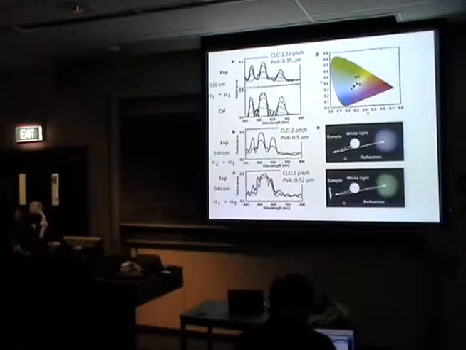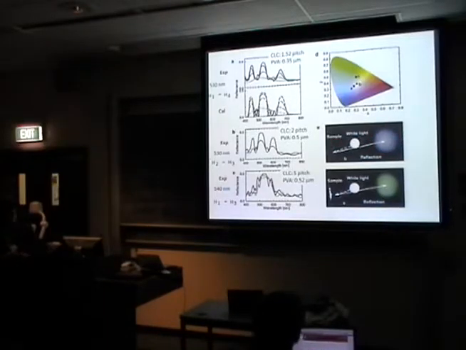So in this case, for instance, the reflectance is located almost in the white region in the color diagram. So we can make a white light reflector in this way.